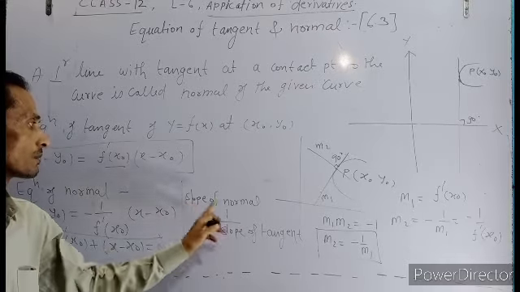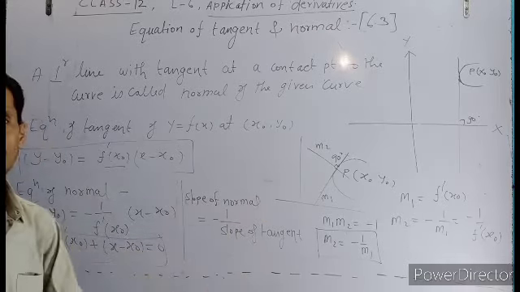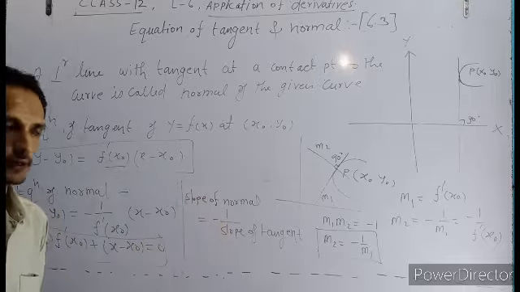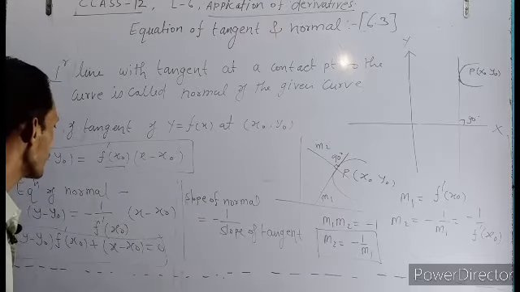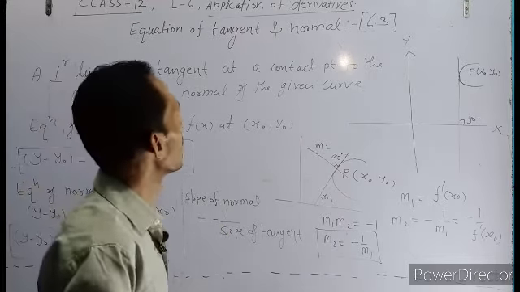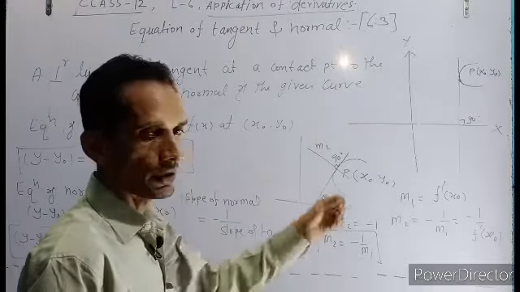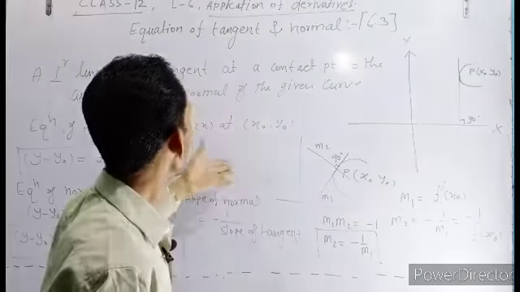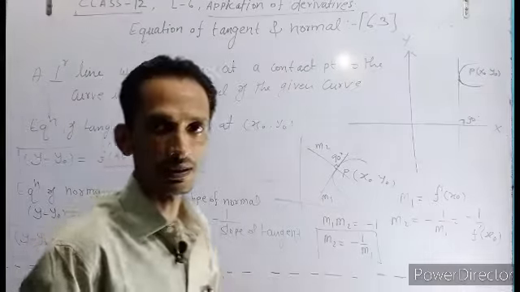If we know the slope of the normal, then we can find the slope of the tangent by using this relation. So this is all about exercise 6.3. On the basis of this, you have to do exercise 6.3.